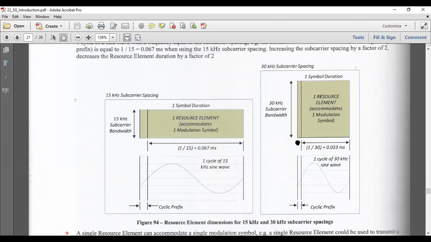When you use 30 kilohertz, the required symbol period will be shorter, because it is 1 over 30k, just half. But the frequency extent is not double, so you have the same space in the time frequency grid. That means you have the same number of symbols transmitted per unit time. In 1 second, you can send the same number of symbols, whatever your subcarrier spacing is.